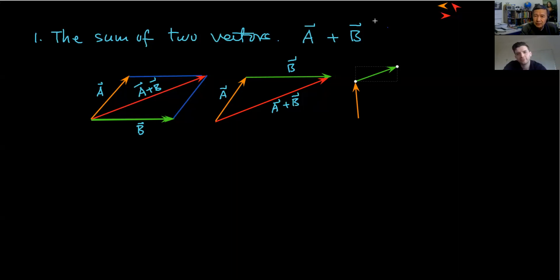This time, let's put a 3. So there are 3 vectors. Now, how do we find the sum of the 3 vectors? You take the tail of A and connect it to the head of C? Yes, good, that's right. That is an extension of the second method. That would be the sum.